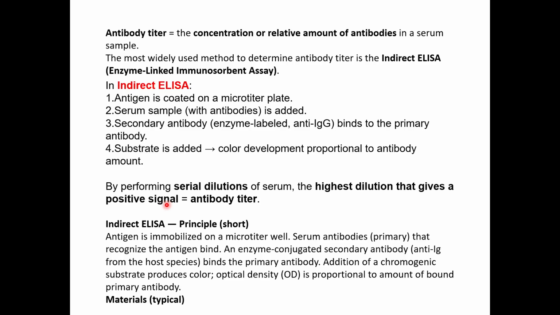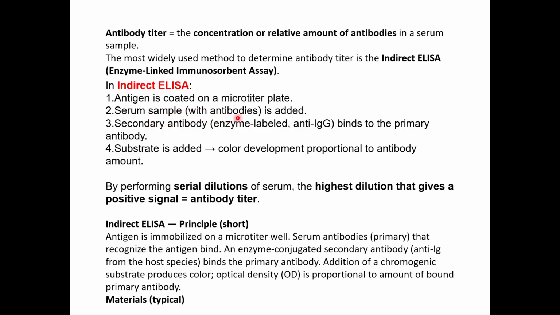Then regarding the titer, antibody titer in case of indirect ELISA. Antibody titer is nothing but the concentration or relative amount of antibodies in a serum sample. The most widely used method to determine antibody titer is indirect ELISA, that is enzyme-linked immunosorbent assay. In indirect ELISA, antigen is coated on a microtiter plate and then the serum sample, which has the antibodies, is added to it.